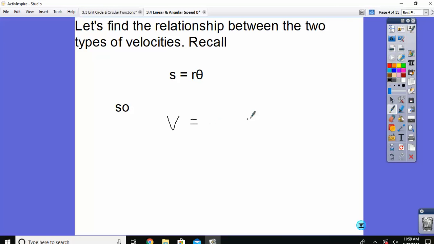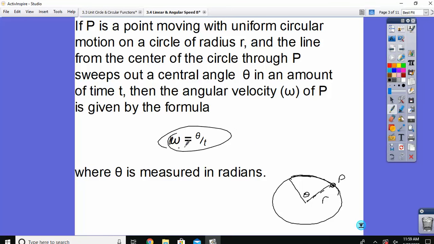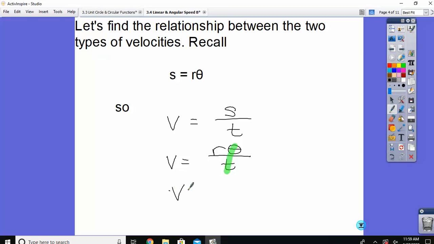We know the formula we wrote down for linear velocity is V equals S over T. But if S is R theta, we could say that means V is R theta over T. But what's theta over T? That's our omega. So the third formula just connects the two. It's V equals R omega.